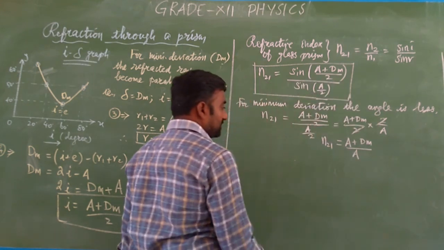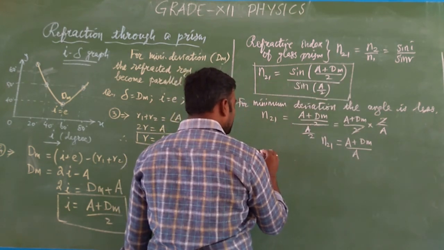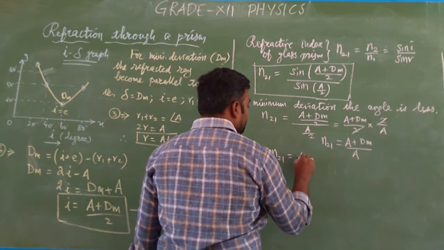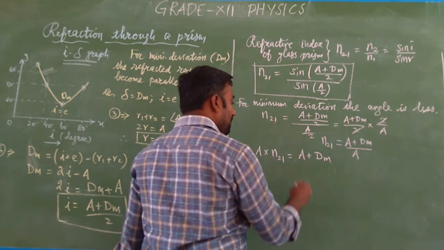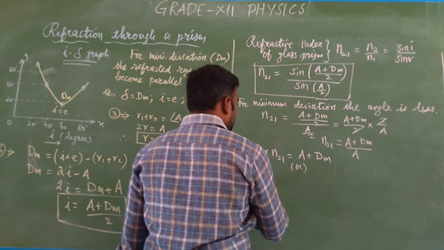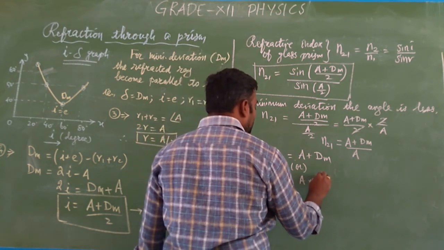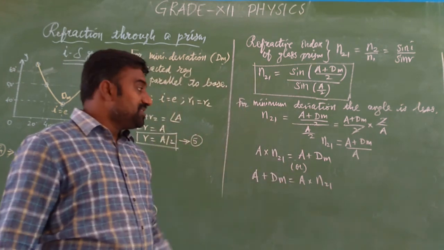Okay. Next, you multiply this side, then what will you get? A into the refractive index of the second medium with respect to the first medium is equal to A plus angle of minimum deviation, or A plus angle of minimum deviation is equal to A into the refractive index. So you want the minimum deviation only, no?